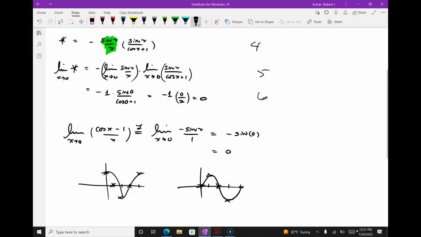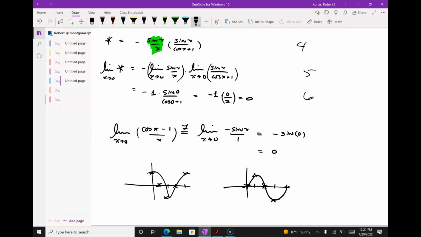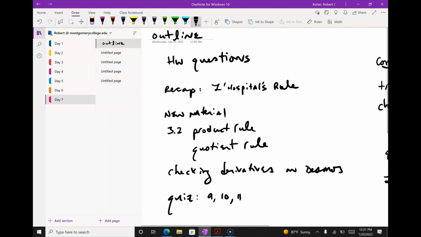So whenever I see a sine or cosine, I'm drawing that graph in my head for sure. Better on the paper, of course, or in Desmos. Nice. So L'Hopital's rule, not bad, right? It's easy, yes? You have to practice.